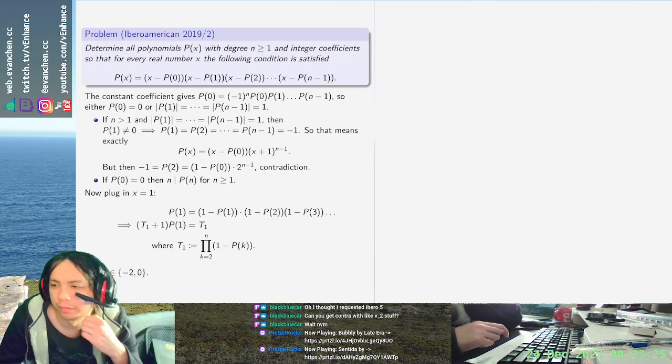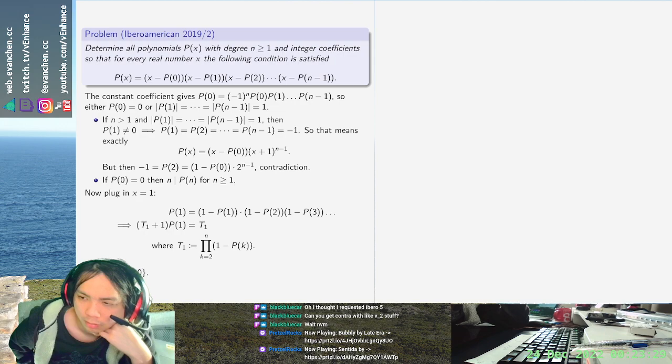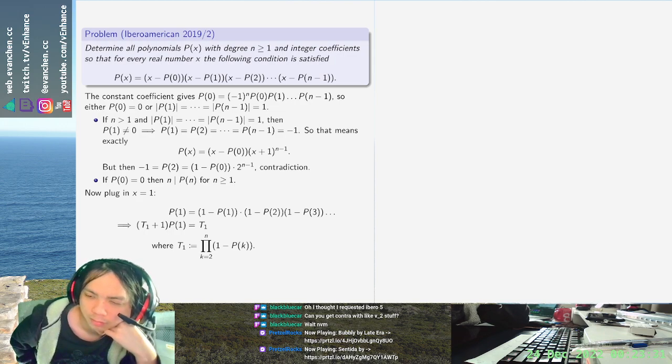If t1 equals 0, that's saying p of 1 has to be 0 exactly, right? If p of 1 equals 0, then some other value of the polynomial is equal to 1.